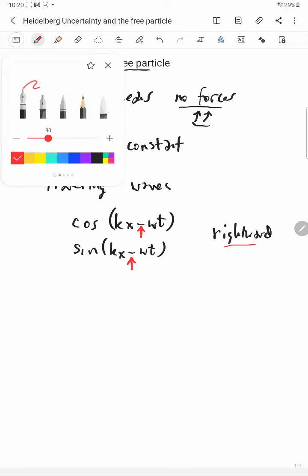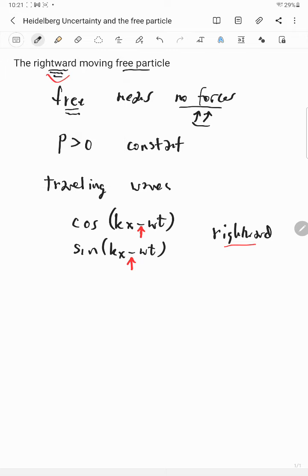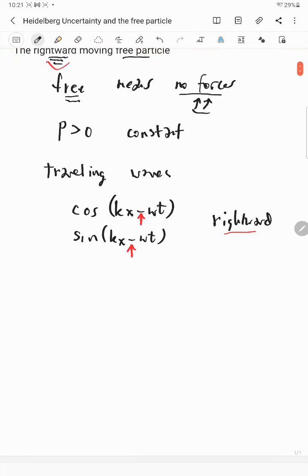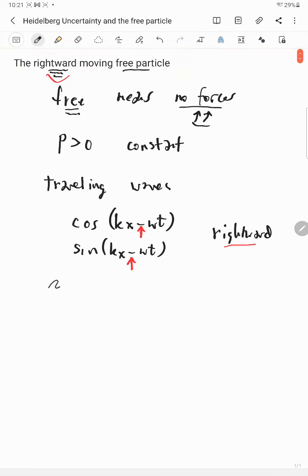So the most general, so remember, we want to study, though, in the context of quantum mechanics. So we're going to consider, here's an example, a wave function representing a free rightward moving particle.